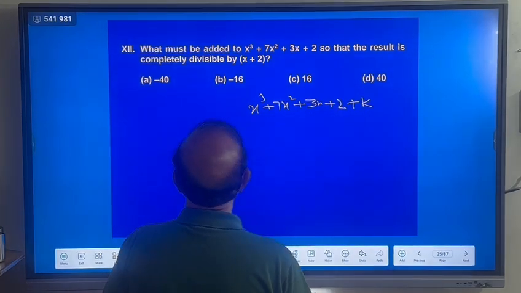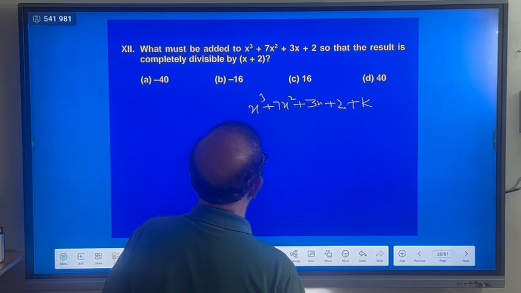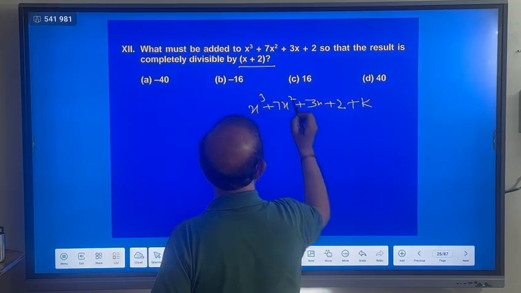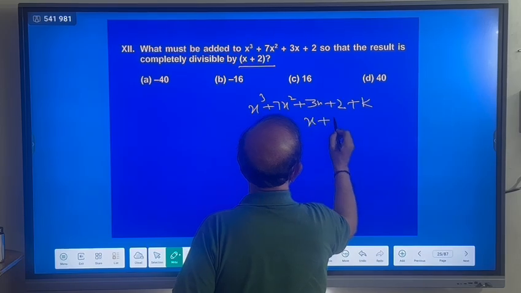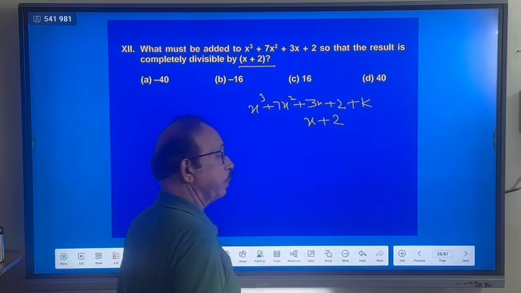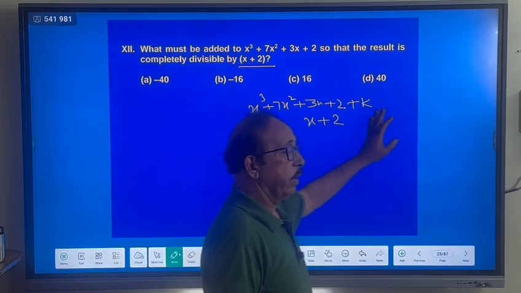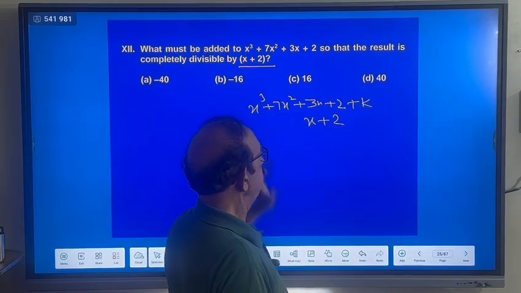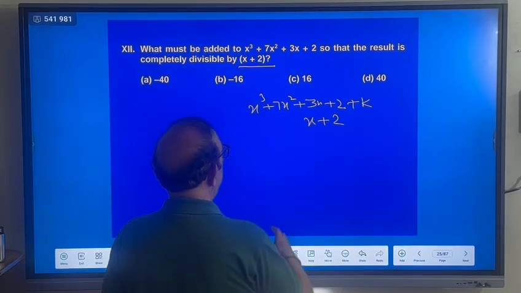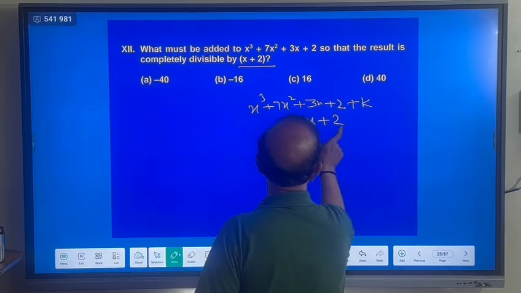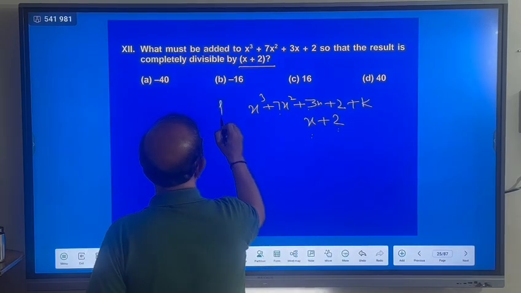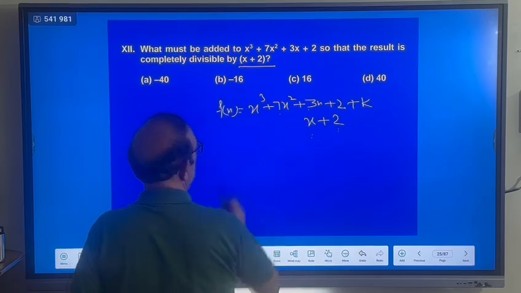What must be added to this polynomial so that the result is completely divisible by x plus 2? Now we added k, and now this polynomial is completely divisible by x plus 2. Completely divisible means this is a factor of this. You can name it f of x.